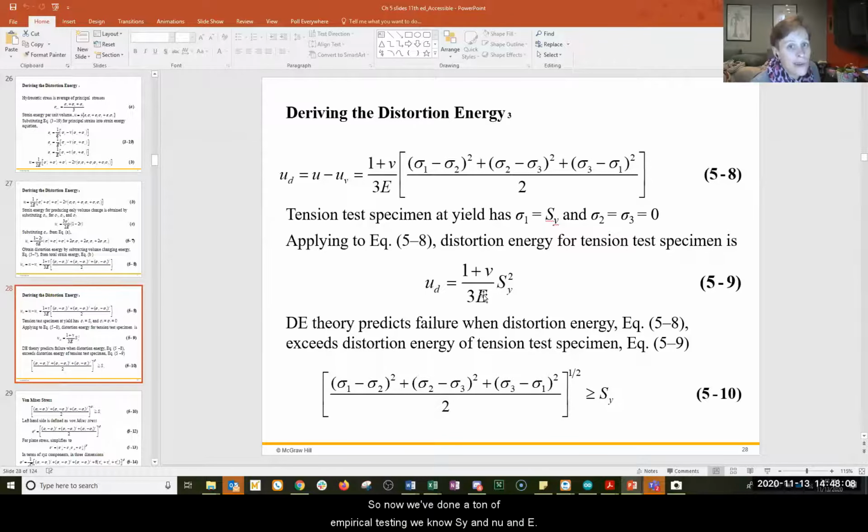So now we've done a ton of empirical testing. We know SY and nu and E. Those are empirical material properties. So I can rearrange my actual stress energy to compare directly to the yield strength and be considering the distortion energy, the strain energy.